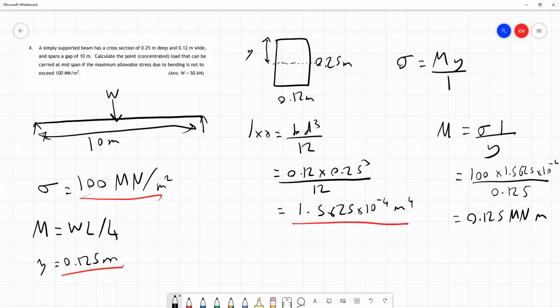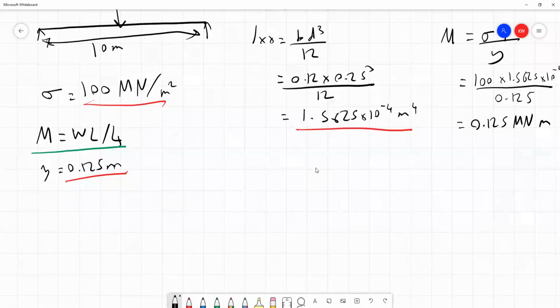Then lastly, how do we get this value W? Well, we take that formula that we have for what maximum bending moment is equal to from our standard case. So just shift down to get a bit more space. So we can say M is equal to WL divided by 4. We've worked out our value for M, 0.125. W is what we're trying to find.